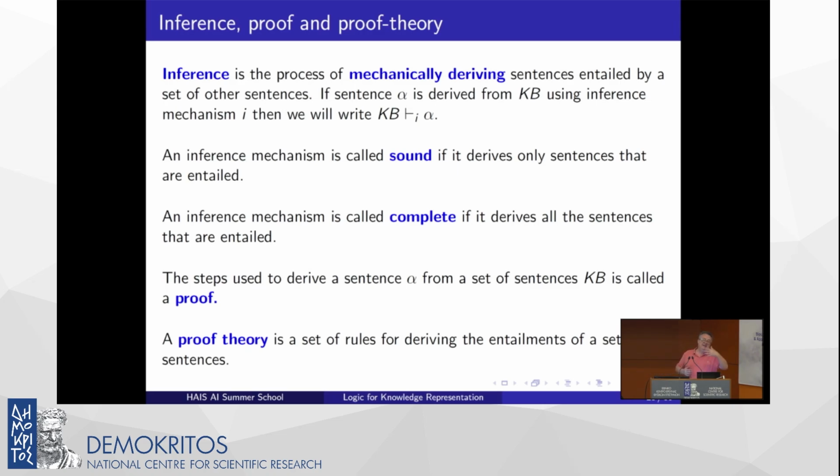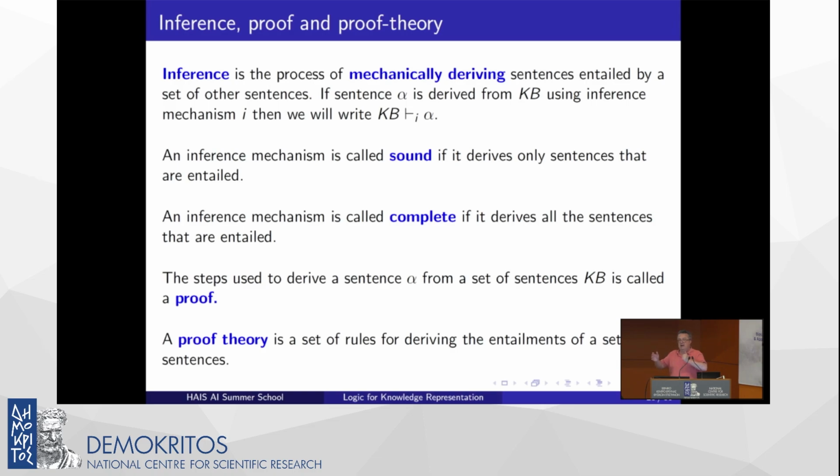And then, if I give you such a way, an algorithm, I would be very happy if the algorithm that I gave you has these properties, the property of soundness and the property of completeness. What does sound mean? Sound means if I take a set of formulas, do my tricks, and something pops out, it better follow logically. It better be entailed from the original set of sentences, given the semantics, okay?